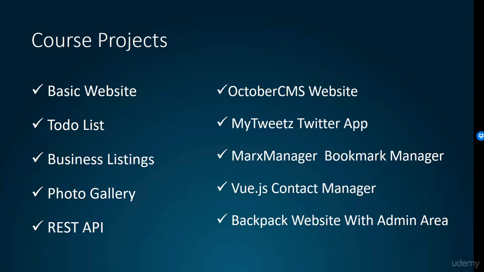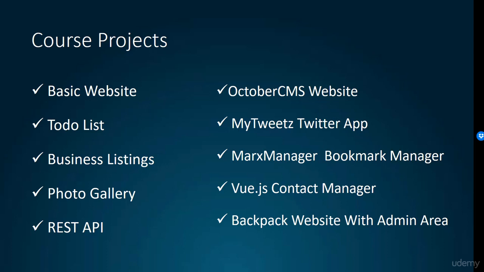So these are the projects that we'll be creating. My goal is to create projects that use different technologies along with Laravel, because I don't want this to be repetitive. I don't want every project to be the same, just switching up the resource. In the first project, we're going to build a basic website with Laravel.